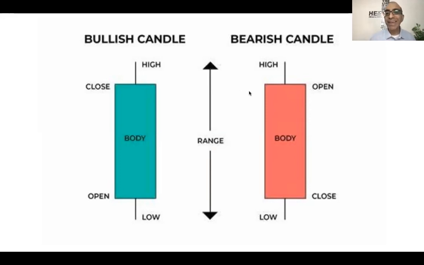And then the bearish candle often shows up in red. Again, you have the high and the low, the open and the close. The open and close is the opposite for the bearish candle, the red candle. Why? Because the close of the day was lower than the opening price.